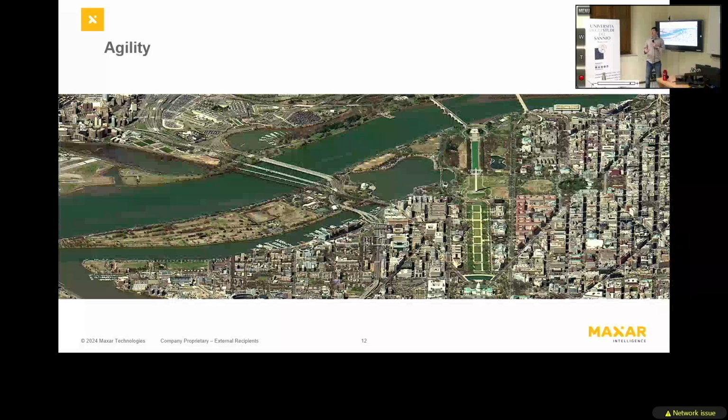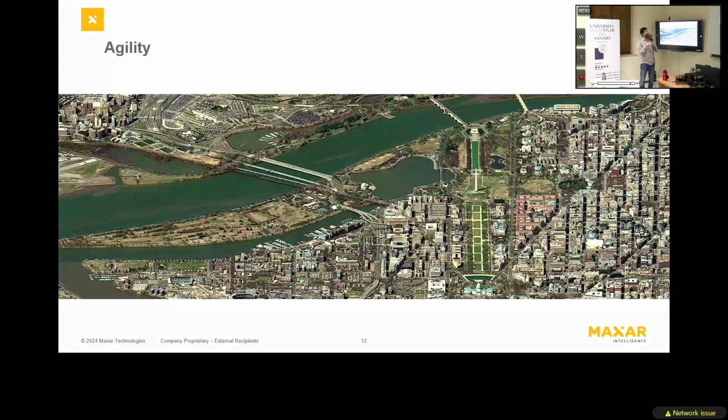We talk about agility. Do you guys get what agility is? It's basically being able to move the satellite. And when you move the satellite, you can collect images like these. This was collected maybe 20 degrees above the horizon. So let's say the satellite is here, and you're collecting something like this, instead of looking straight down. When you get a collection like this, it looks more like an aerial image.